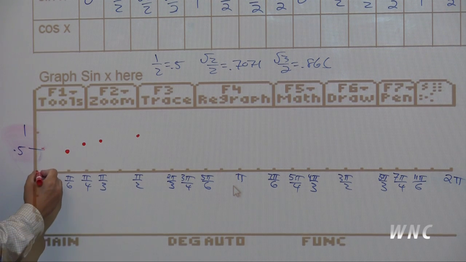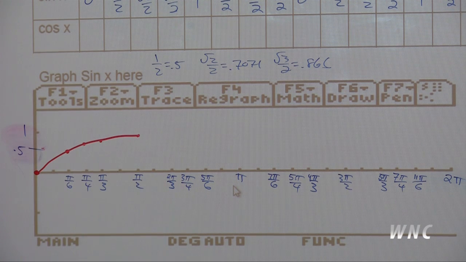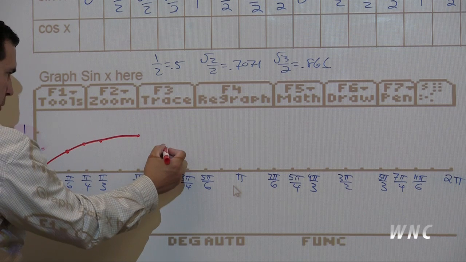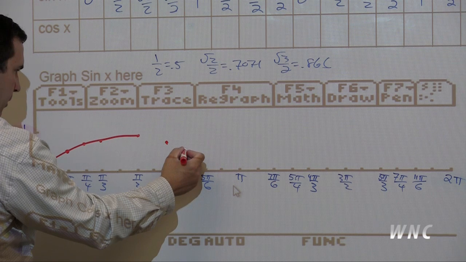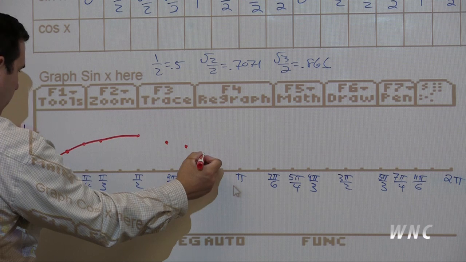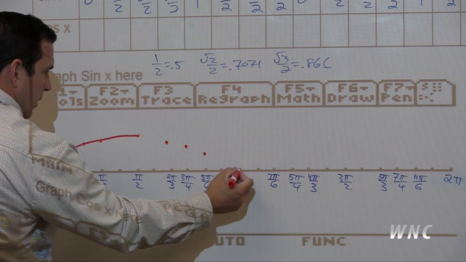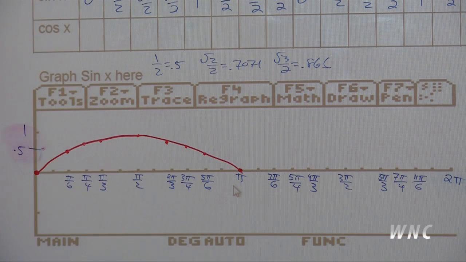So we have this curve. It's come up like that. Then it's going to start going down. 2 pi over 3 is going to be at 0.86. Then we're at 0.7. Then we're at 0.5. Then we're at 0. So it starts coming down. Seven pi over 6 is at negative 0.5. So here's our negative 1, and that'd be negative 0.5.